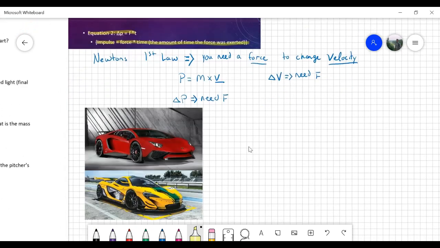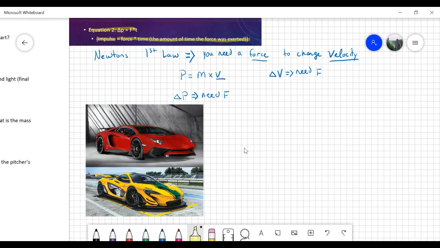For this car to accelerate, we'll just ignore this one down here for now. For this car to accelerate, to change its motion, it needs to exert force. To change its momentum, it needs to exert that force for a period of time.